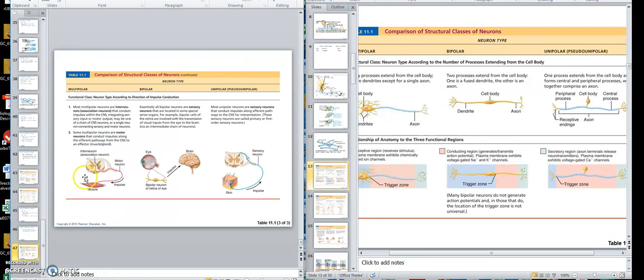So here would be a motor neuron going out. Okay, here's a bipolar in the retina, and here's a sensory coming in. So sensory comes in like that, motor goes out, and here's this bipolar just to show you the eye. So you can look at that in my PowerPoint. Thank you.